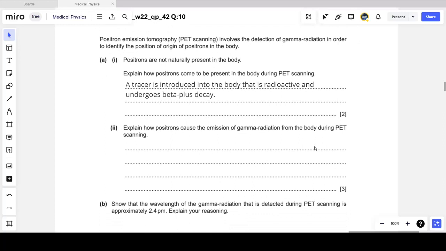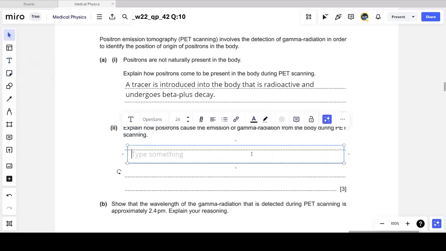The next part of the question goes one step further and says, explain how positrons cause the emission of gamma radiation from the body during PET scanning. So now we have to go further and talk about where the positrons disappear and the gamma rays appear. So what do we know about positrons? Positrons are the antiparticles of electrons. Particles and antiparticles tend to not get along very well.